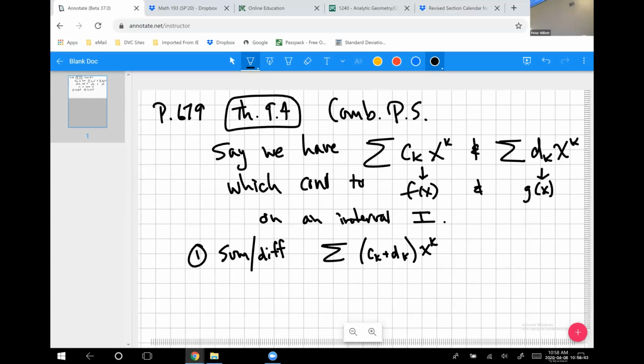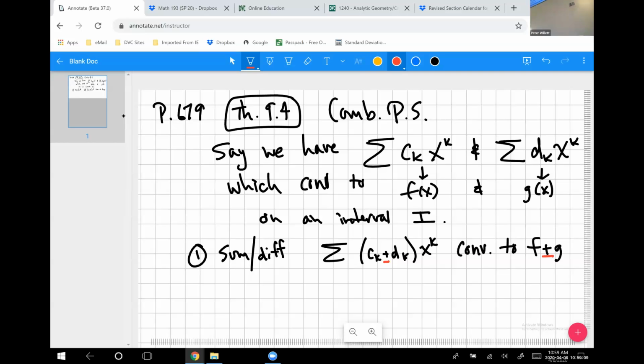Then this converges to f plus g. And of course, if you had the difference, c sub k minus d sub k, that would converge to f minus g.